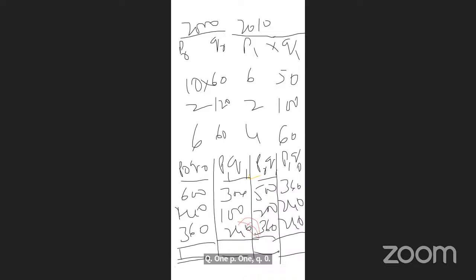Here 1200, 740 here, 1060 and 840 here. You got those values? 1200, 640.